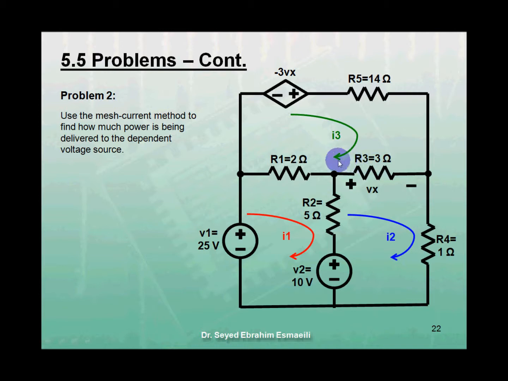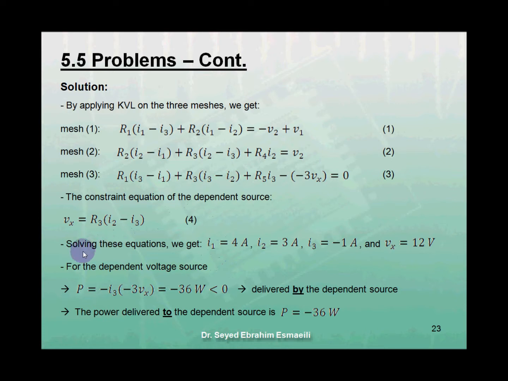The constraint equation for the dependent voltage source is given by Vx equals R3 times (I2 minus I3). Solving these equations, we get I1 equals 4 amps, I2 equals 3 amps, I3 equals minus 1 amp, and Vx equals 12 volts.